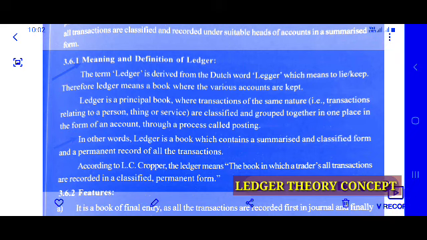However many entries we have passed in the journal, we will open all the ledger accounts, that is classified, and that we can call a permanent record. With the help of ledgers only, we can prepare the trial balance, which we are going to learn in the coming chapters.